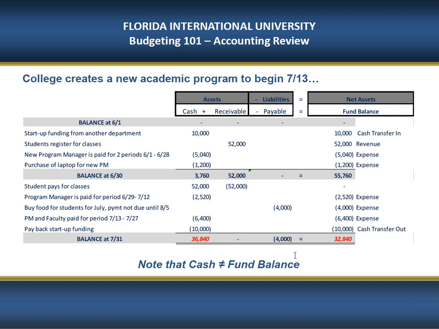We receive $10,000 in cash from another department. Our cash goes up by $10,000. And since in accounting there's always two sides to every transaction, the other side here is the cash transfer in. Cash goes up, fund balance goes up for what represents a cash transfer in.